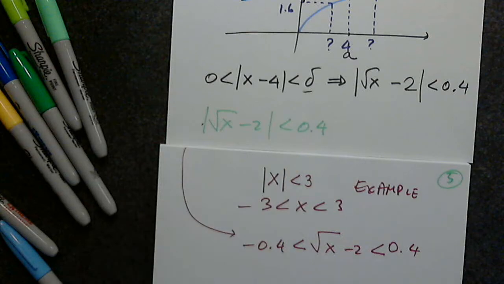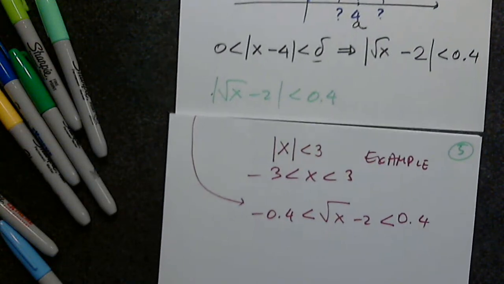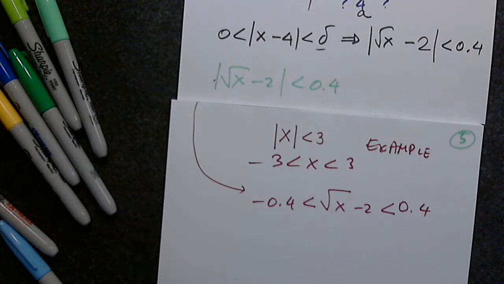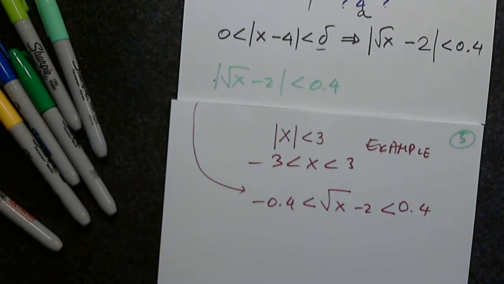Solving this inequality will give us delta eventually. Good. What will be the next step? I need to solve for x. What do I want to get rid of now? Add 2. Of course, I need to get rid of 2. So I'm adding 2 to all three sides. 1.6 less than the square root of x less than 2.4. Good.